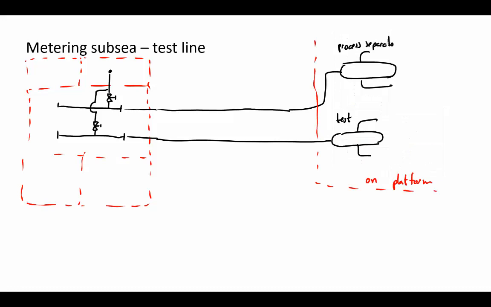So it's exactly the same purpose. When I want to test well 1, this will be well 1, I connect to the main production line, and then when I want to test it, I close that valve, open this valve, and then produce to the test separator. Okay.